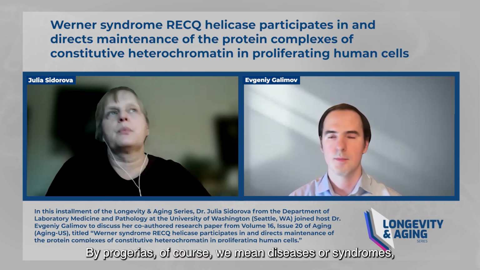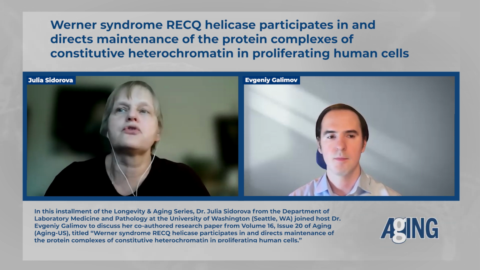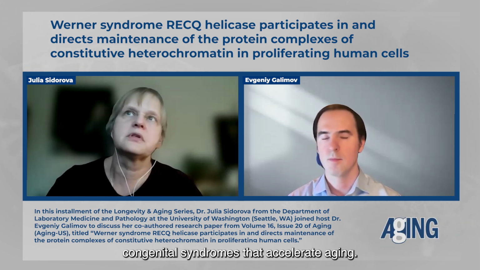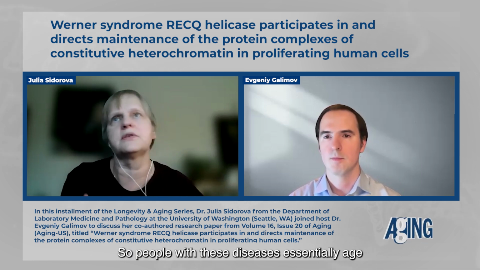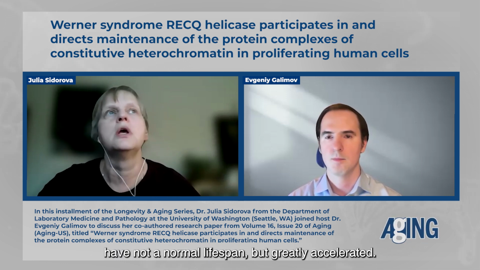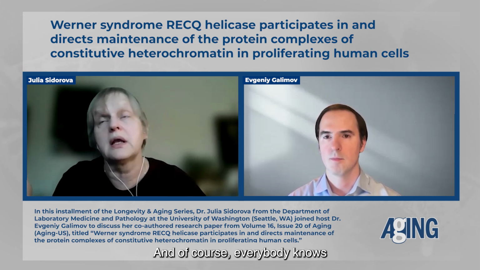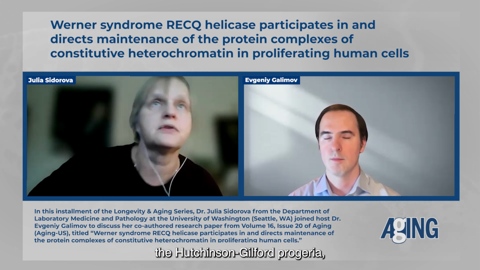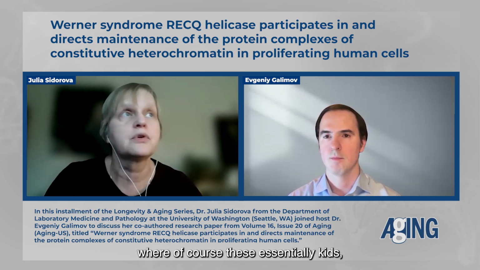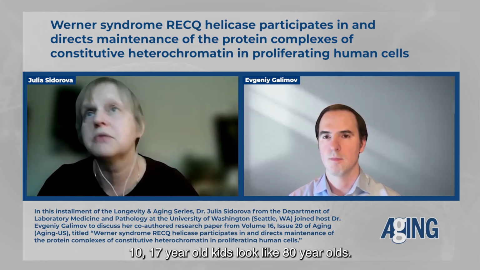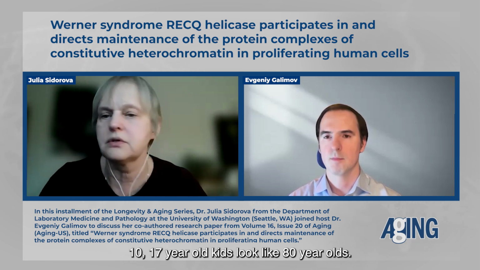By progerias, of course, we mean congenital syndromes that accelerate aging. So people with these diseases do not have a normal lifespan, but a greatly accelerated one. Everybody knows the Hutchinson-Gilford progeria, probably the most extreme one, where 10, 17-year-old kids look like 80-year-olds.